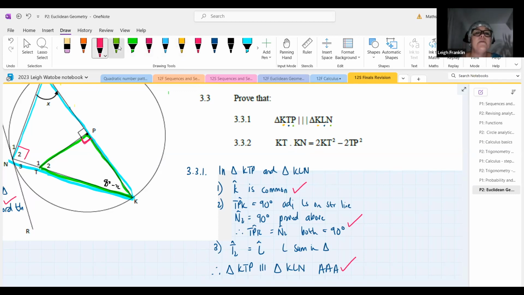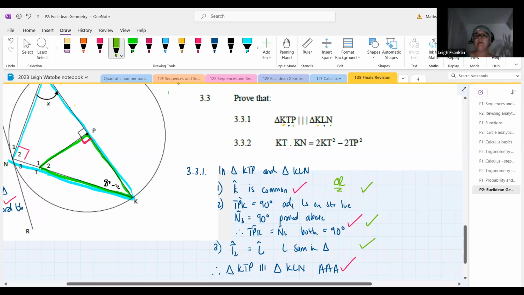Or the other way that they can choose to mark it is they can mark 1, 2, 3, like so. So it's either or. I don't know what they'll choose to do at the end of the year at marking, but it will be either one of those two scenarios. Just whatever you do, you cannot say angle sum in triangle as your first reason or your second reason. Okay, it has to be something else. It's only the third thing where you can say angle sum in triangle.